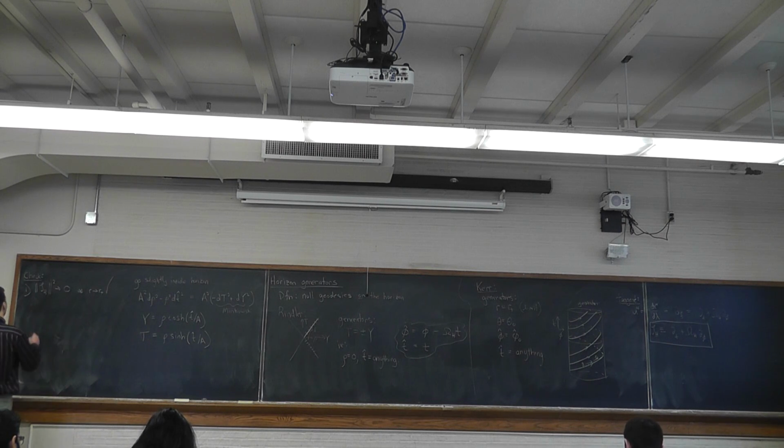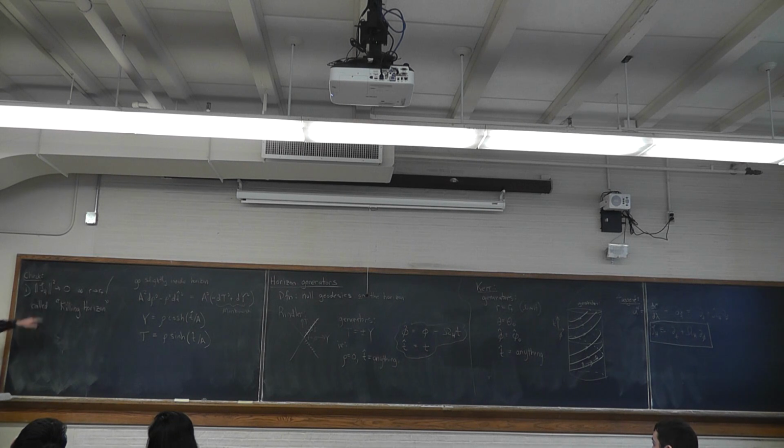I should add some terminology here. If you have a null surface that corresponds to a Killing vector having 0 norm, then that's called a Killing horizon. So the Kerr horizon is a Killing horizon.